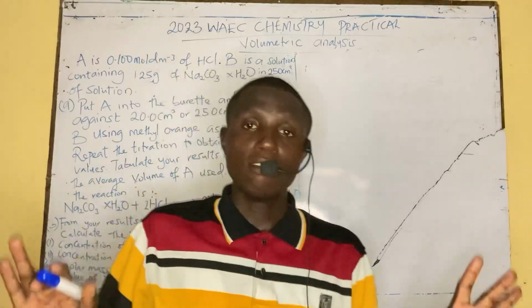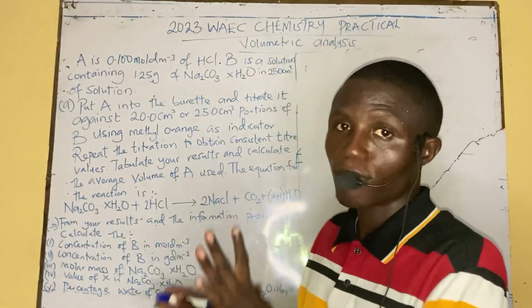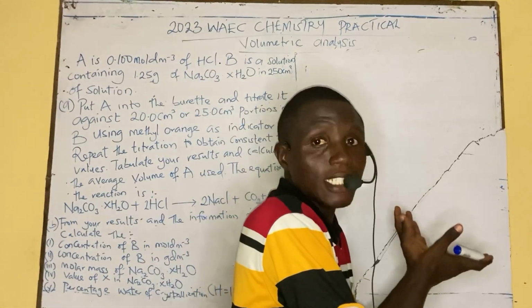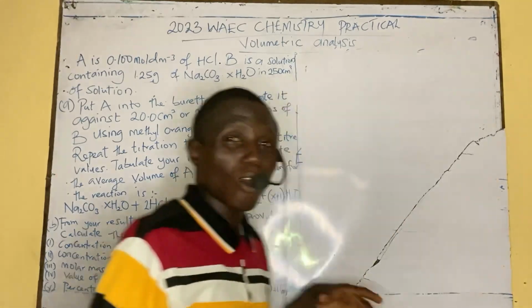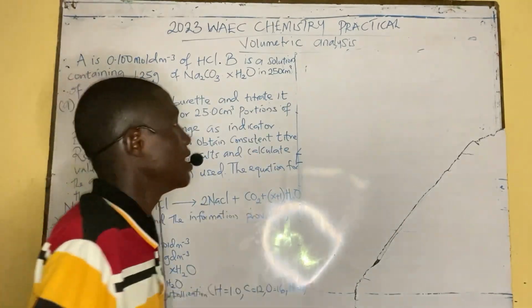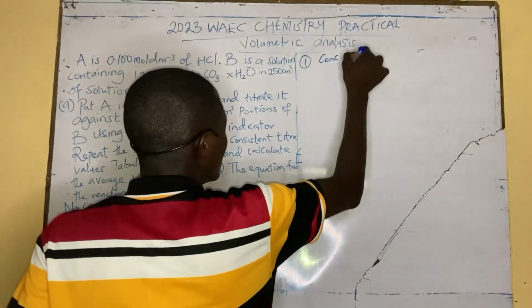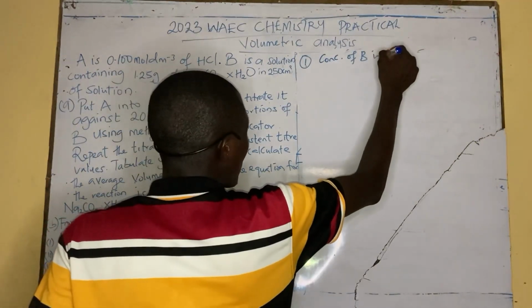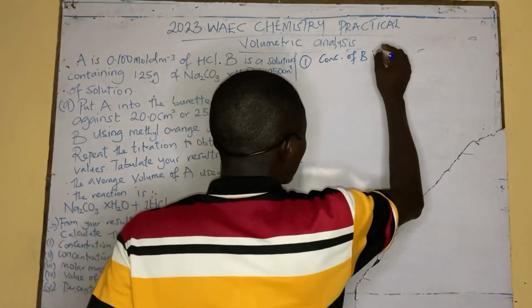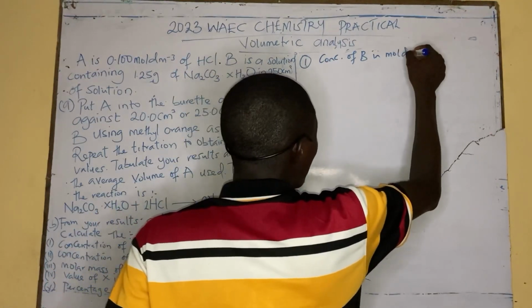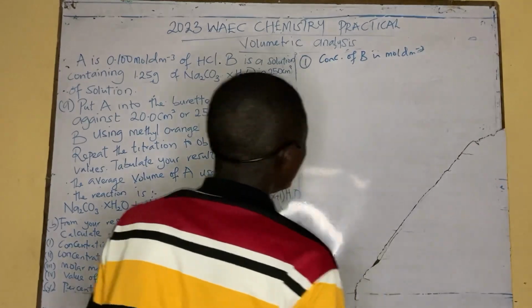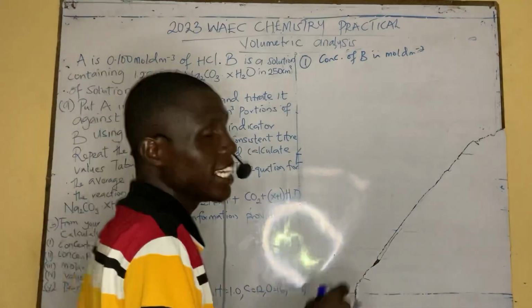From the information provided and from the table you have obtained, that's your result. Calculate the concentration of B. That's the first question: concentration of B in mole per dm cube.